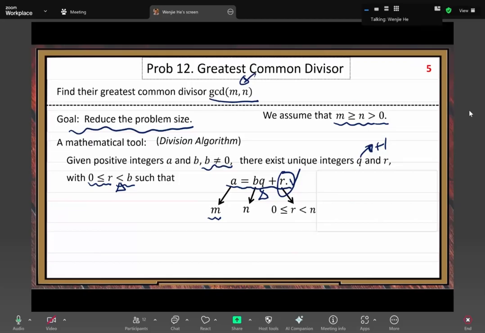Otherwise, if you do the other way around, it's not meaningful. Think about it. If you make n smaller, n equals q m plus r, but your n is smaller than m. In that case, the q is 0, then your r equals n.